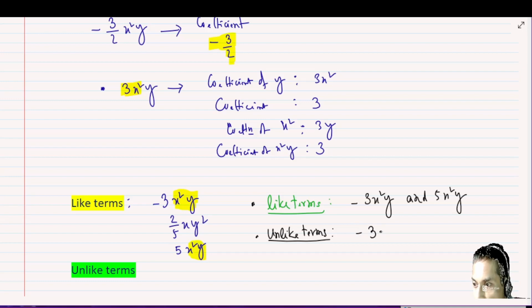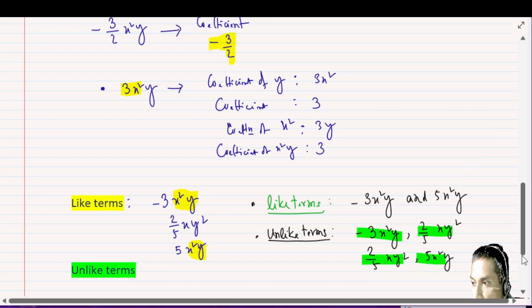So minus 3x square y and 2 by 5 xy square are unlike terms. Again this pair is also unlike terms: 2 by 5 xy square and 5x square y. This is also unlike terms. Clear?